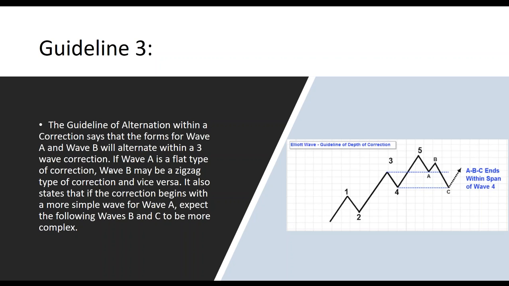If wave A is a flat type correction, wave B will be a zigzag type of correction or vice versa. It also states that if the correction begins with a more simple wave for wave A, expect the following B and C to be more complex. It's very easy.